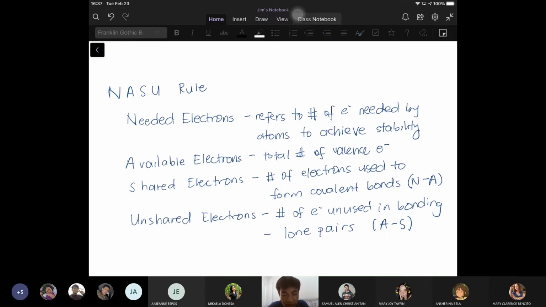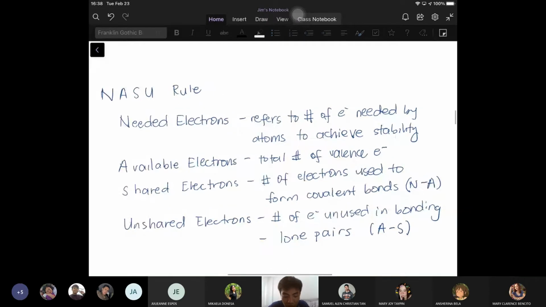And then last one will be unshared. So unshared electrons, these are the electrons that are not used in chemical bonding. Okay? So sila yung lone pairs na tinatawag. So these are electrons that are unreactive and they do not react with other species. No?